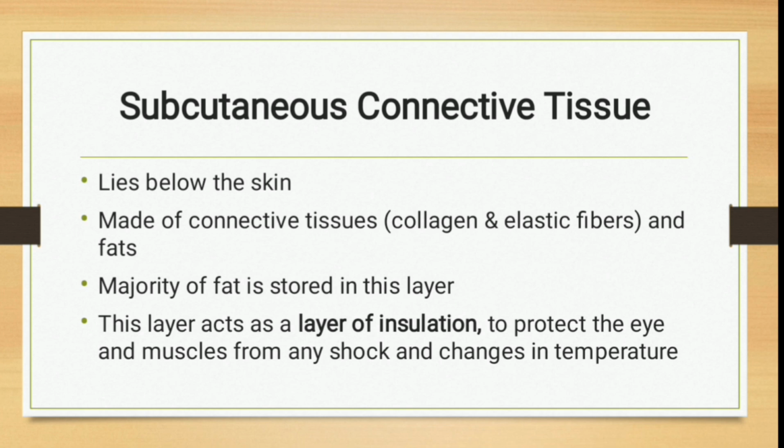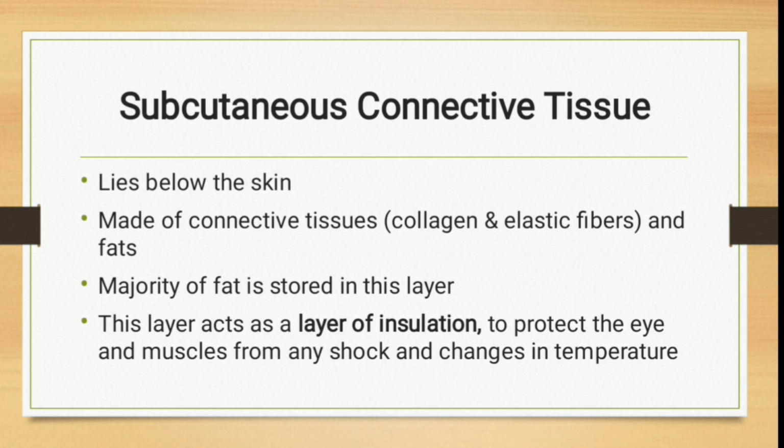In the eye, this layer protects the eye as well as the muscles, so that no shock or change in temperature can harm the eye, right? The eyelid was made for the protection of the eye, because we know the eye is a very important structure, so in order to protect it from any kind of harm, the eyelid was created. Every single layer of the eyelid protects the eye and has a specific function, right?